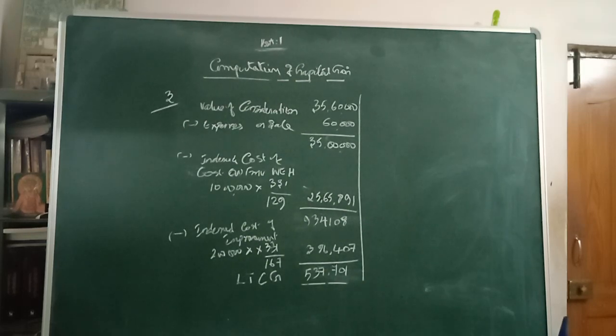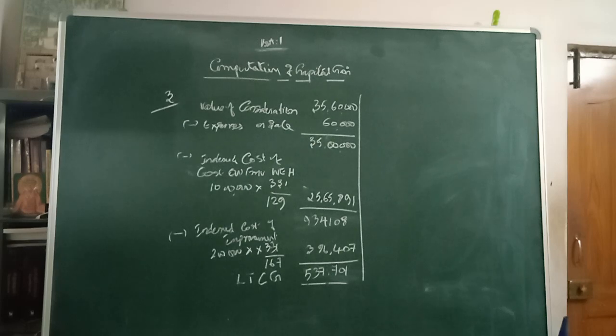Then, in case of a long term asset, you have to take the index point for the cost as well as the cost of improvement. What is cost of improvement? I acquired the property, then some value additions are made on that property; that is called cost of improvement. Mind it carefully.